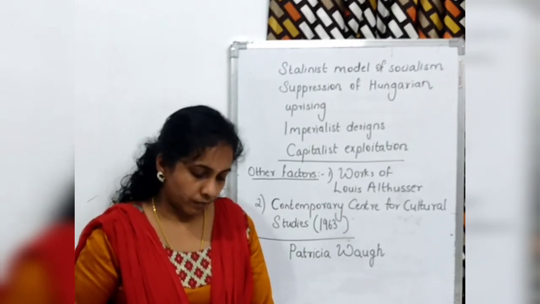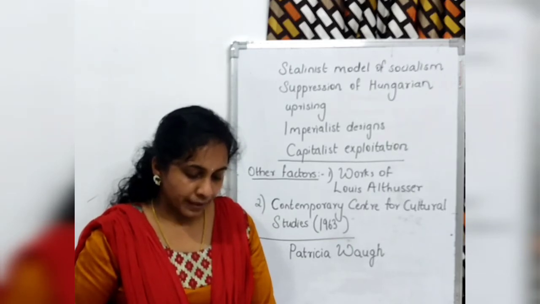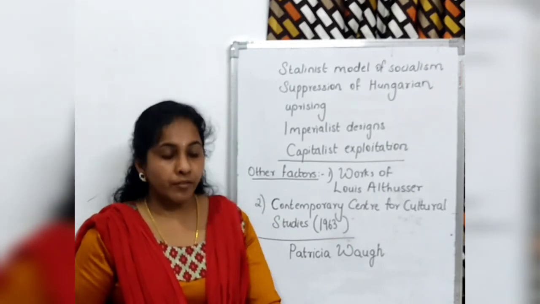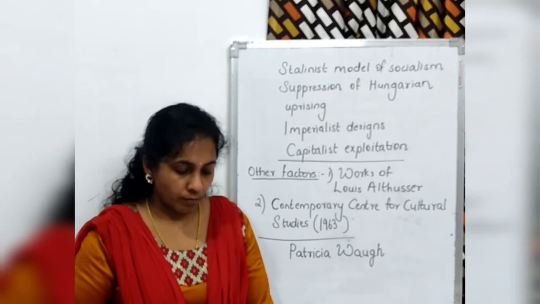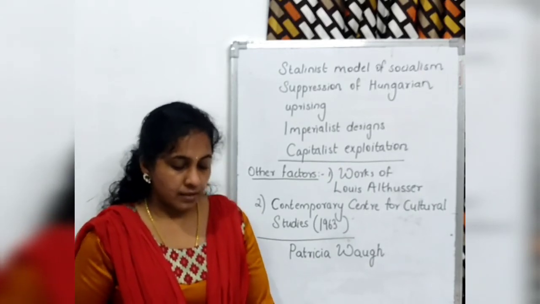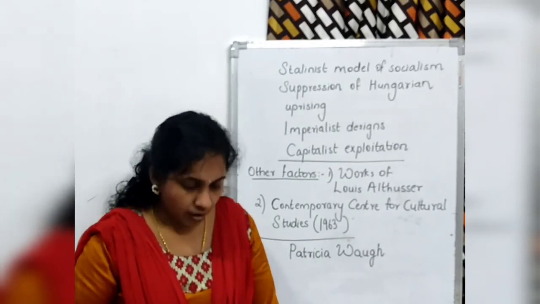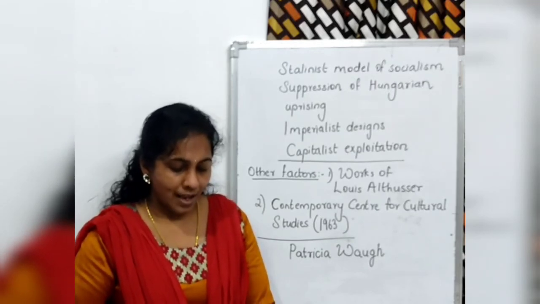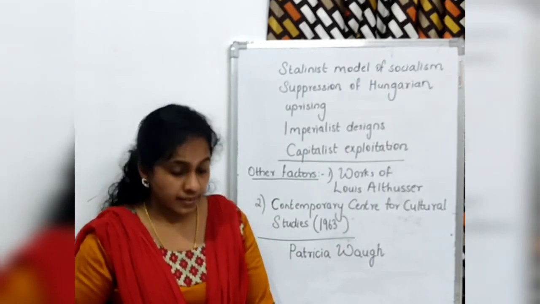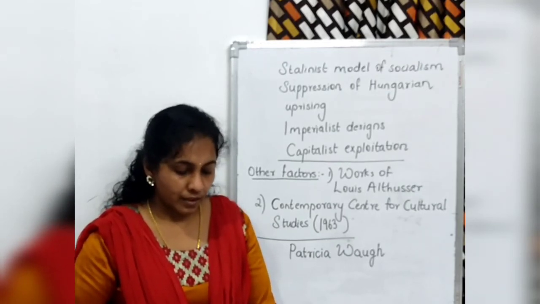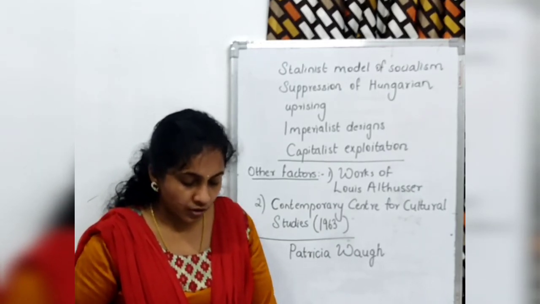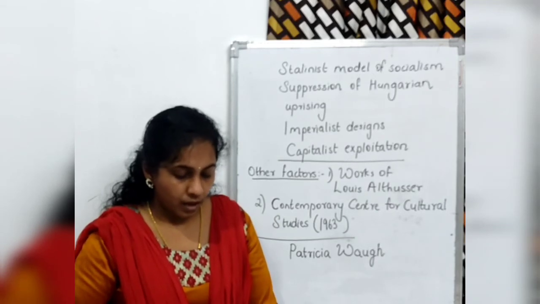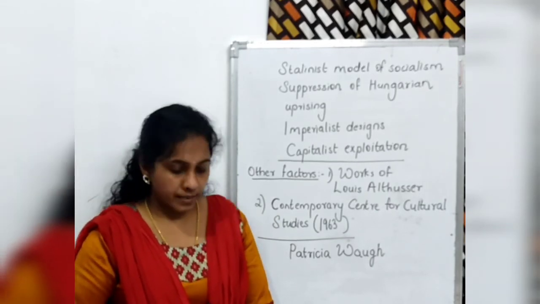Patricia Wu has made an observation in this regard. Patricia Wu's observation goes like this, and it serves as a concluding remark. Theory rose in the context of significant cultural and historical changes in the 60s, coinciding with a number of important intellectual challenges to ways of thinking about philosophy, science and art.